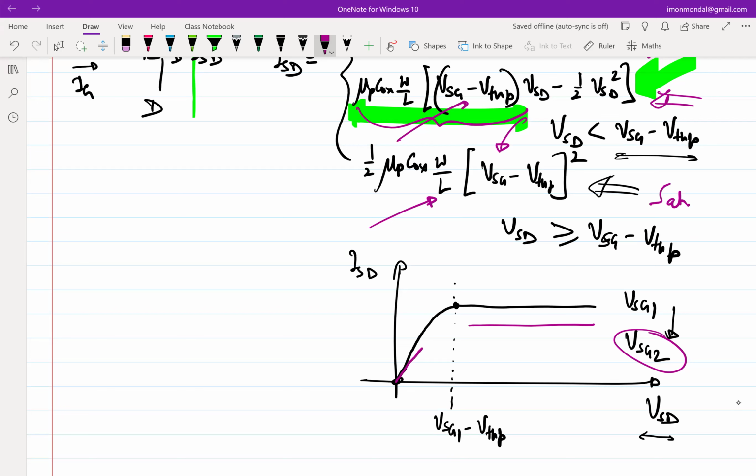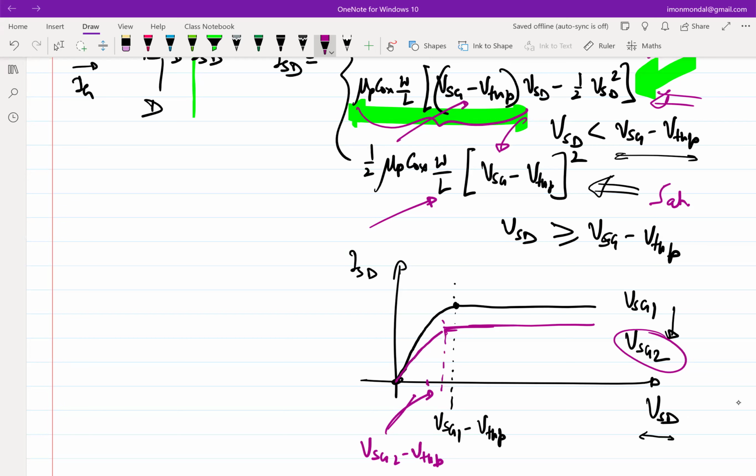That meeting point is the new VSG minus threshold voltage. The meeting point is not the same, so the edge of the saturation region changes based on VSG. In this case, the edge of the saturation region will probably be somewhere here. This will be VSG2 minus threshold voltage.